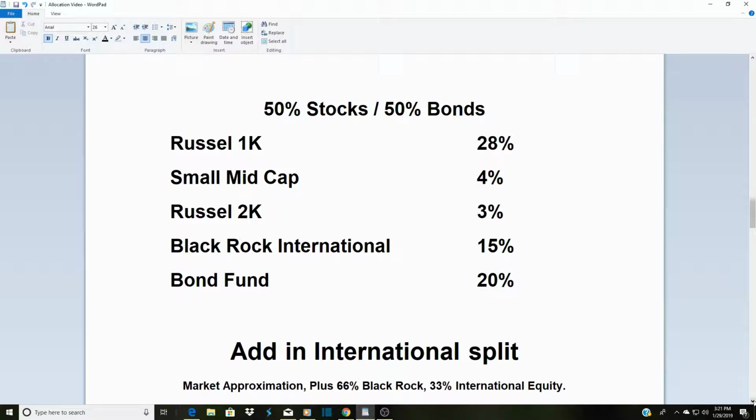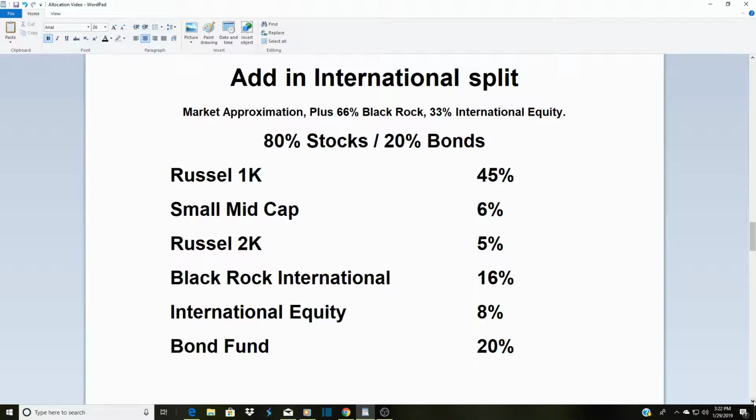Now keep in mind this isn't like a month of time or 6 months of time. We're talking about 7 to 10 year periods. So if you hold this asset allocation and run a 50% stock, 50% bond with this allocation, over time it should outperform just your 50% stock, 50% bond core 3 portfolio.